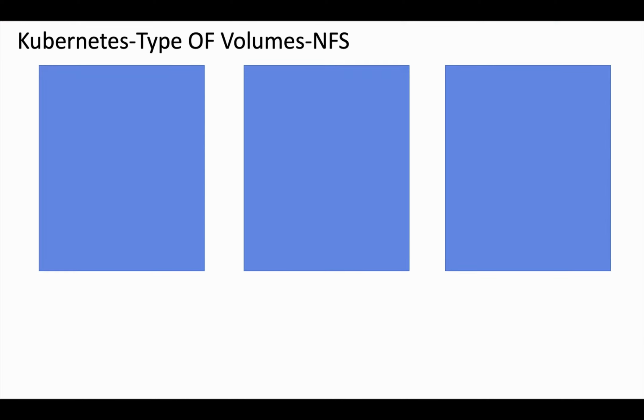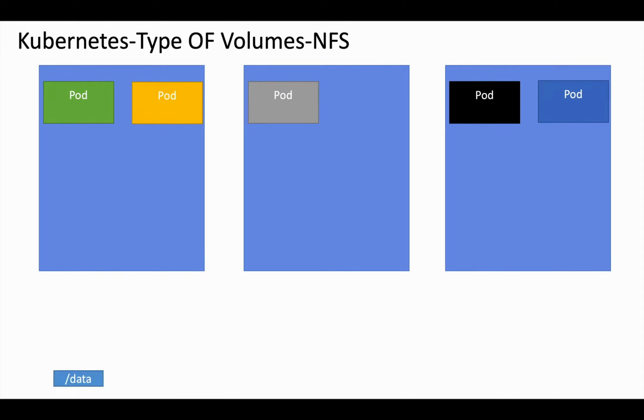On disk, files in a container are ephemeral, which presents some problems for long-running applications when running in containers, such as this. There are containers running in different Docker hosts, and we map the volume.